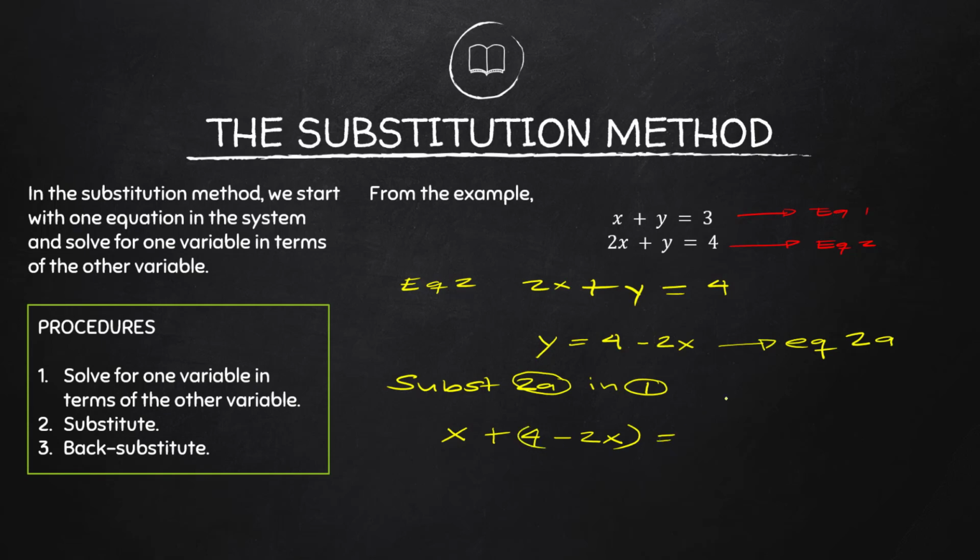That is equal to positive 3. In this equation, we only have one variable, so we can solve for the value of x. This will be x plus 4 minus 2x equal to 3.